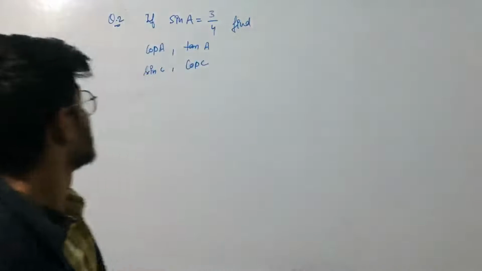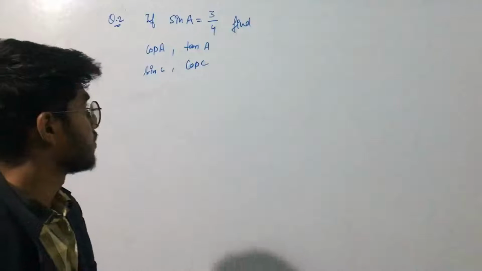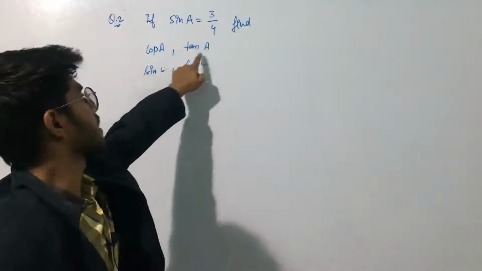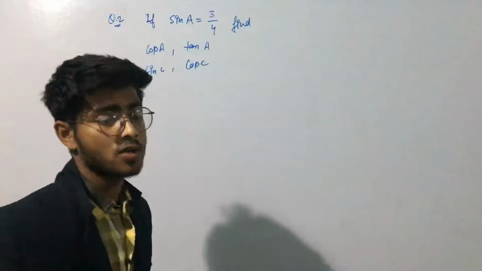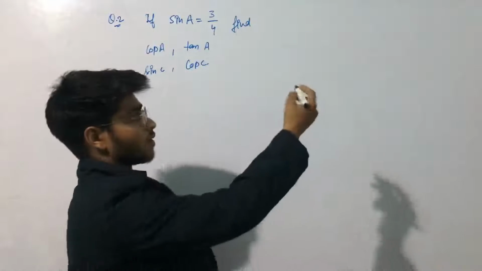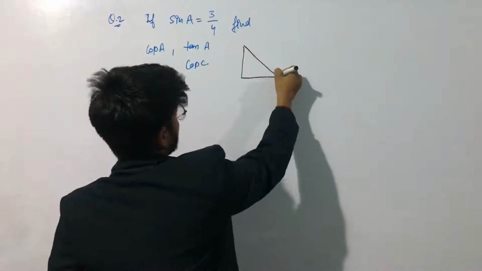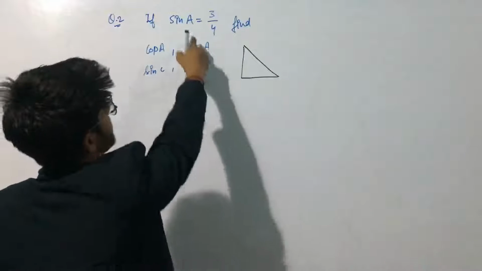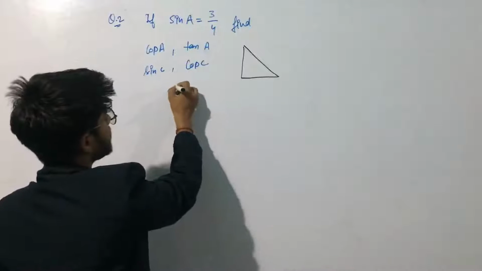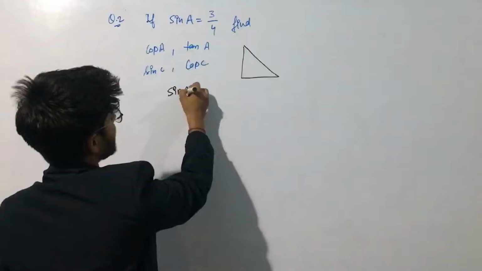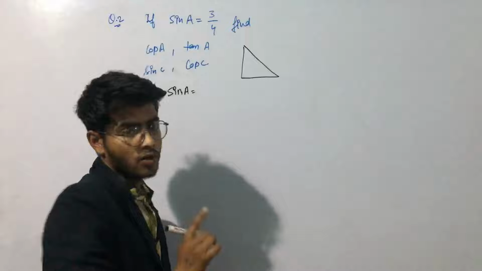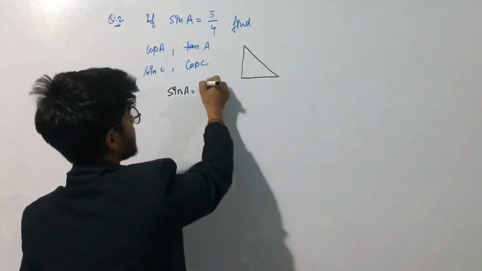Question: if sin A is equal to 3/4, find cos A, tan A, sin C, cos C. So first we will draw a right angle triangle. Sin A is equal to perpendicular upon hypotenuse.